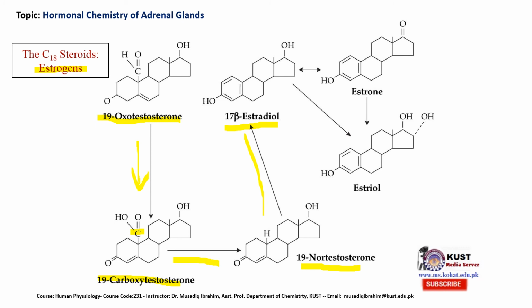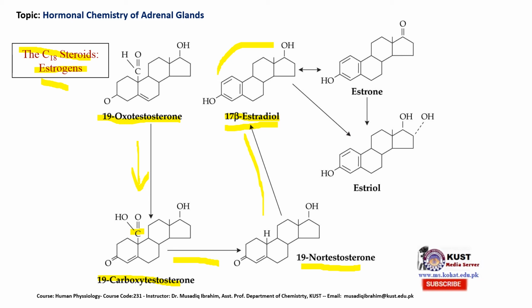Now, as we say that these are the C18 steroids, also known as the estrogens, it means that they contain 18 carbon atoms. If you count the number of carbon atoms in 17-beta estradiol, you will see that there are 18 carbon atoms present in its structure.